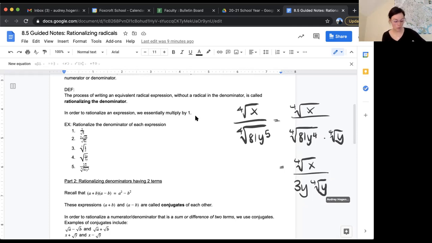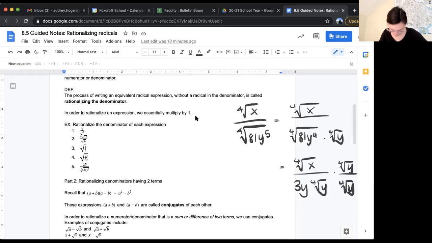And then in order to rationalize this expression, I can multiply my numerator and my denominator by, again, just the root in my denominator. So I can multiply by the 4th root of y over the 4th root of y. So in my numerator, I am going to get, actually, I did this, I think I made a mistake somewhere.